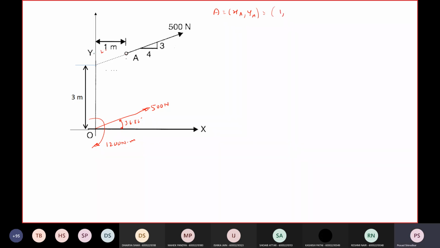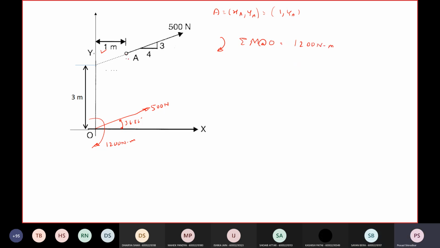Alright, this is the X coordinate. Now you have to find out the Y coordinate. So how to find out the Y coordinate? Write the equation of line. Take moment about O. Okay, so in clockwise direction, and we already have that as 1200 Newton meters.